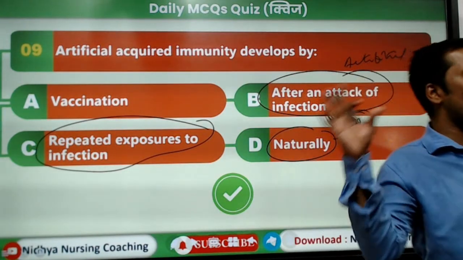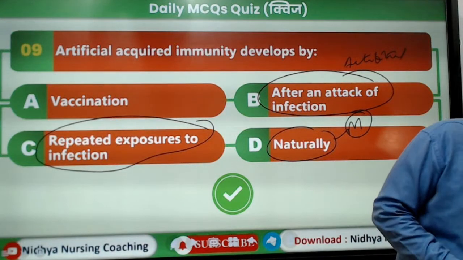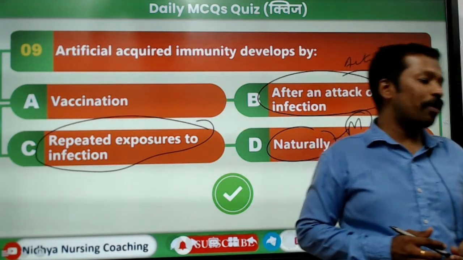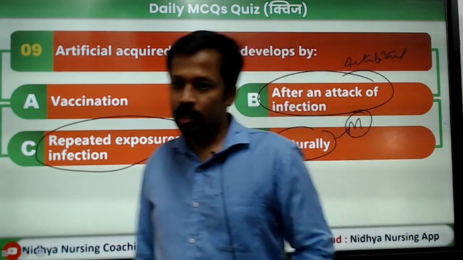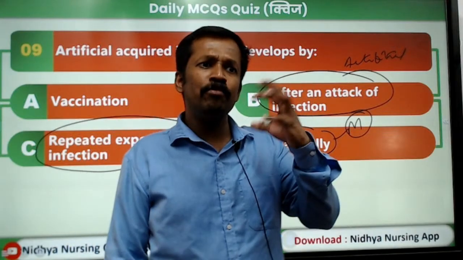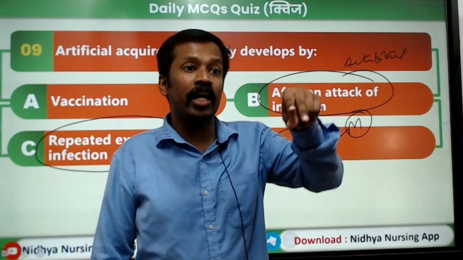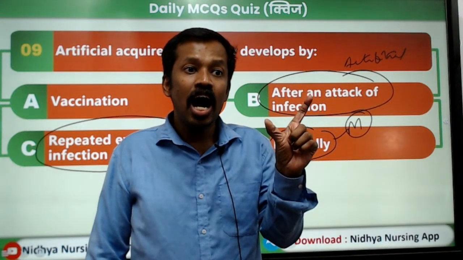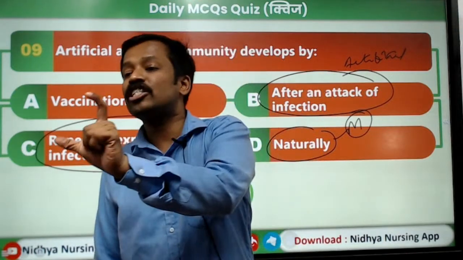What type of immunity is that? Active or passive? Very good. If a person gets immunization through an antibody, IgG antibody we are giving, that means it is artificial passive immunity.